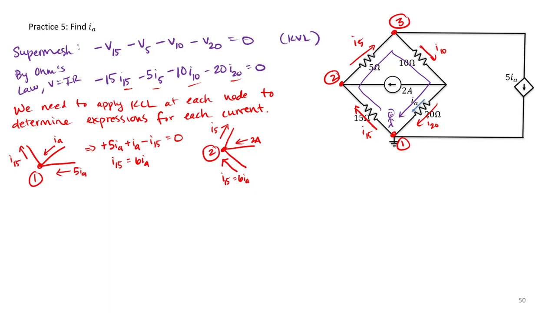So by Kirchhoff's current law, I can conclude that plus 6IA plus 2 amps minus I5 must be 0. Solving for I5, I determine that the current through my 5 ohm resistor must be 6IA plus 2 amps.